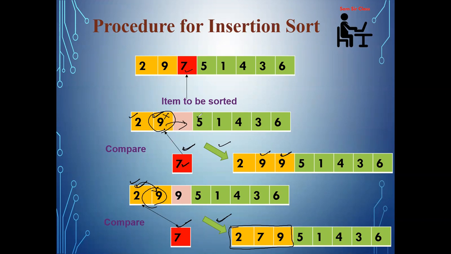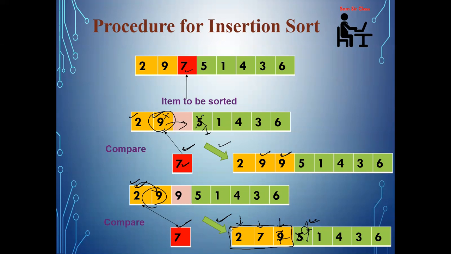Suppose in place of 5, this is 1. Clear? So whenever I select, suppose 1 is present here, I'll compare with 9. The left hand side value is there and the new value is less than the compared value, so I have to shift 9 here. Again, I have to check: left hand side value is present and 1 is less than 7, so 7 needs to be shifted 1 right.